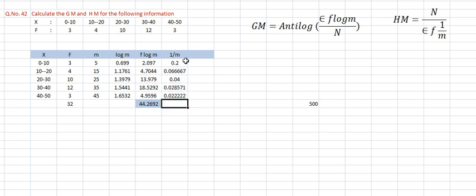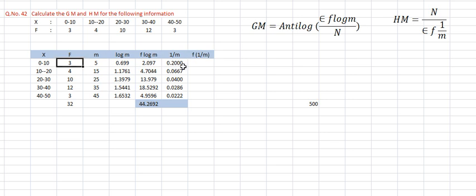Make sure that this number is to 4 places. The total for this case is not required. Then f into 1 divided by m, this number you have to find now.